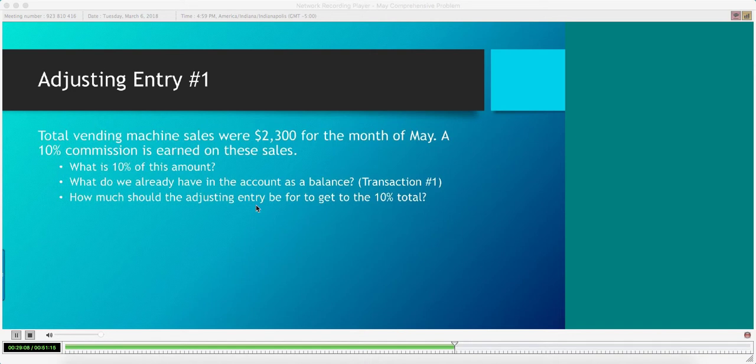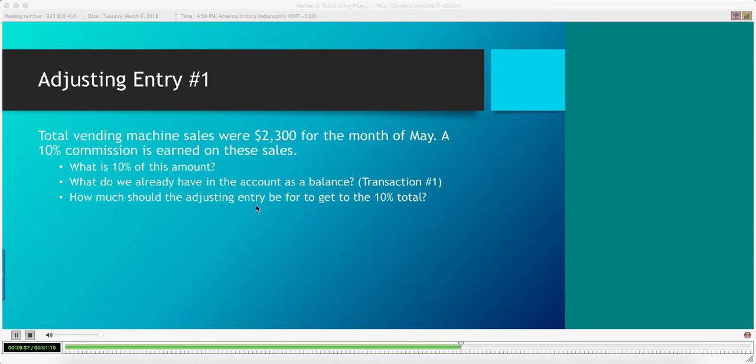Exactly. This is where a lot of students mess up. They'll do the full $230 or they'll do the $2,300. We are actually only going to adjust for $30. And we will not adjust the cash account. We may correct the cash account from time to time, but we never adjust cash.